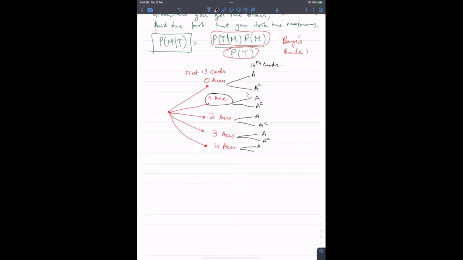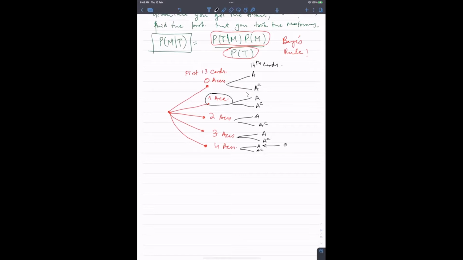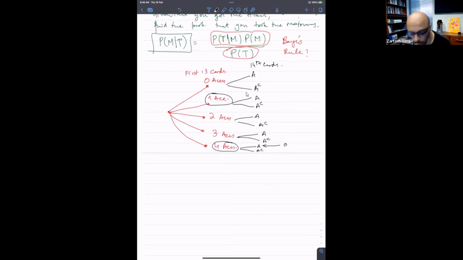With 4 aces, it is ace or no ace, and we know that the probability of this is going to be 0. Because if you got 4 aces in the first 13 cards, then it is not possible to get another ace on the 14th card. Why? Because all four aces have already come out.